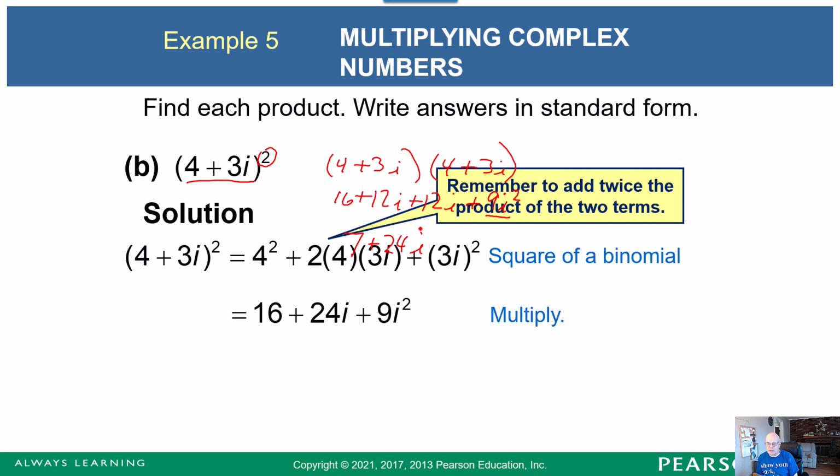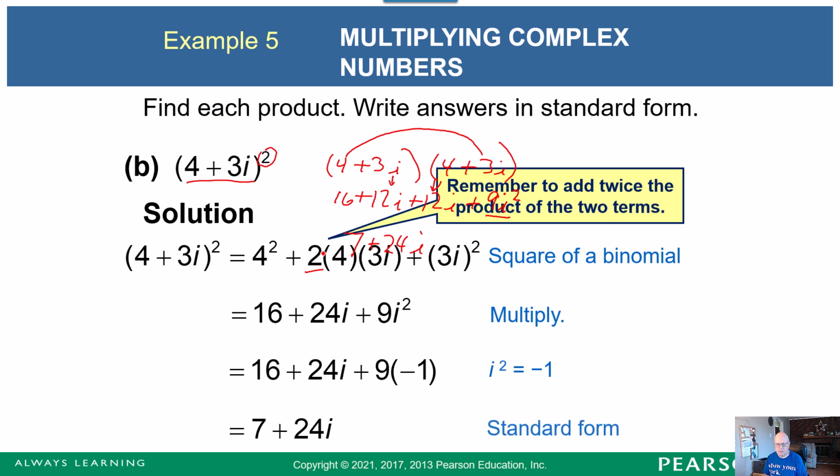That's the way I do it, because I know these two pieces in the middle are going to be identical. So when I multiply this times this, I can put a 2 out front because it's going to happen twice. Either way, you'll get the right answer. 7 plus 24i, which if you can look through the maze there, that's what we got first.